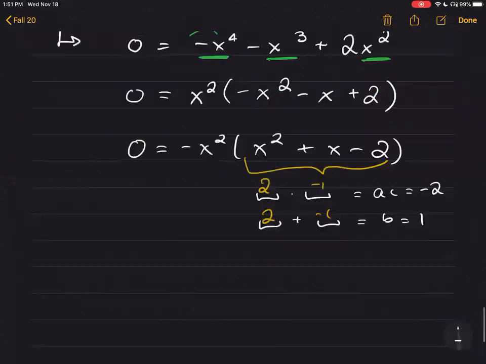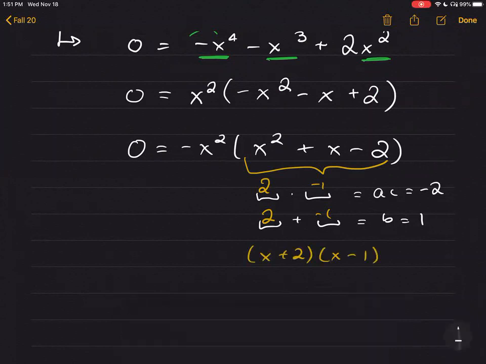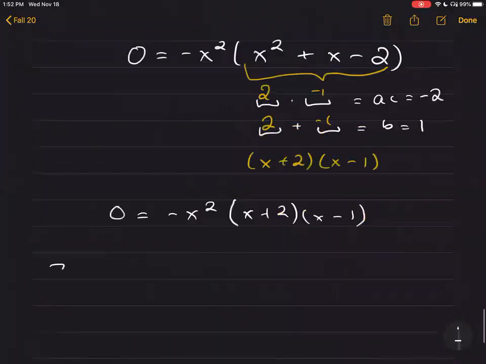So this will be x plus 2, x minus 1. And so when we go back to our original work, we get negative x squared times x plus 2 times x minus 1.